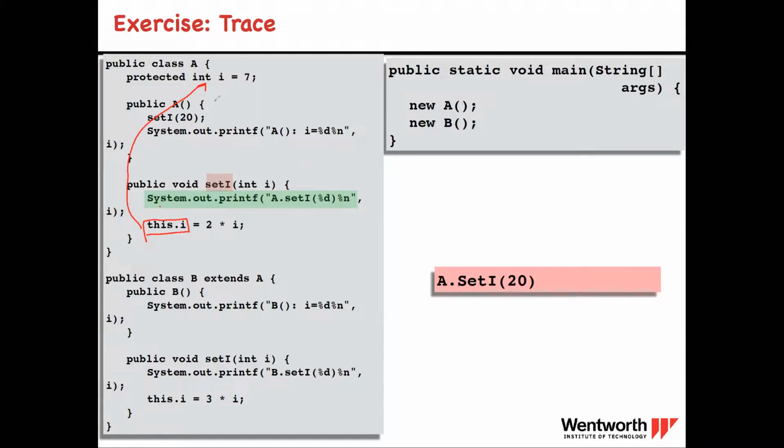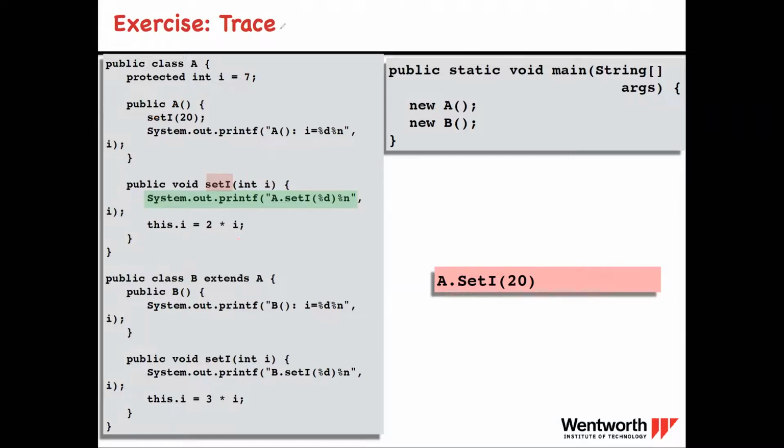It's this class's i. So it was 7. We didn't use it. We're just saying, all right, we send in 20 here, and so we're going to get 2 times 20. So we're going to set this.i to 40. So this.i is going to be 40 after we run this line here.